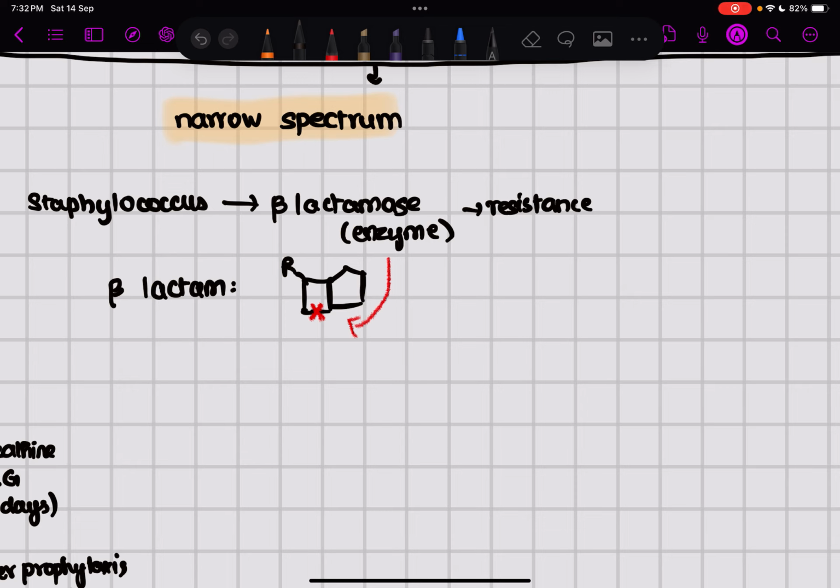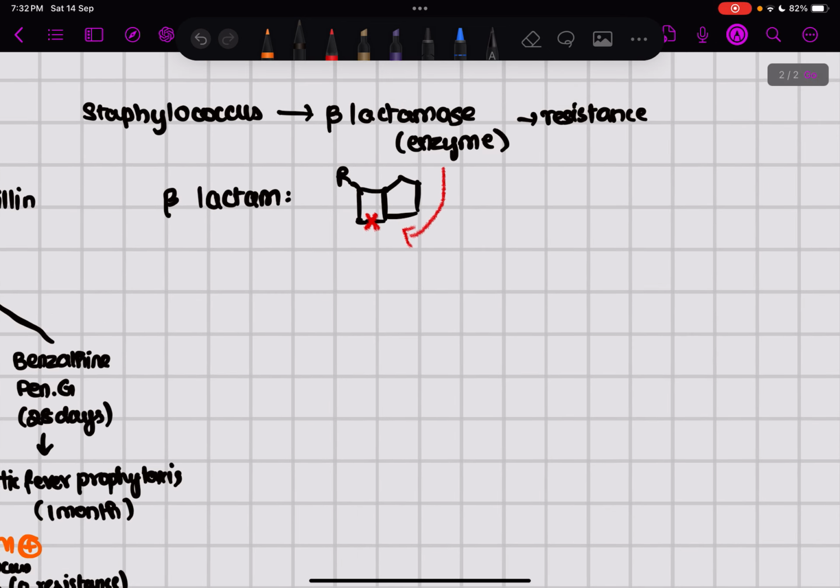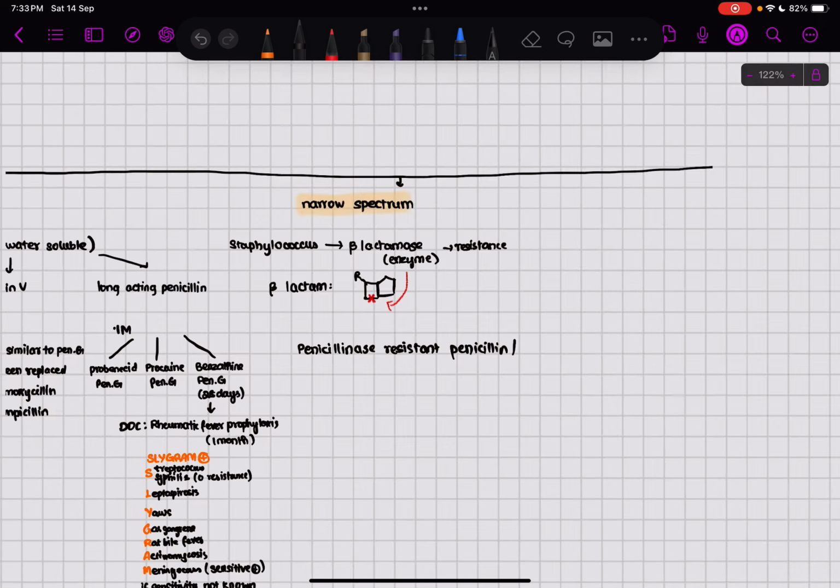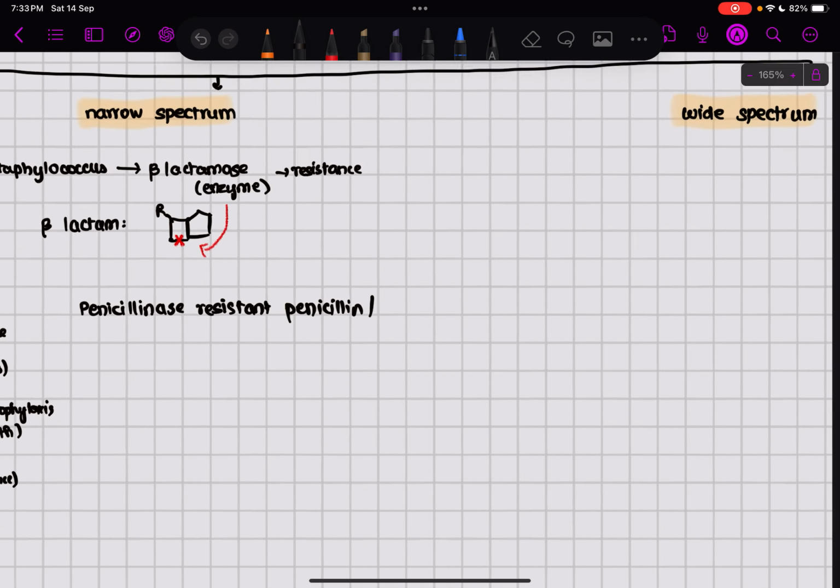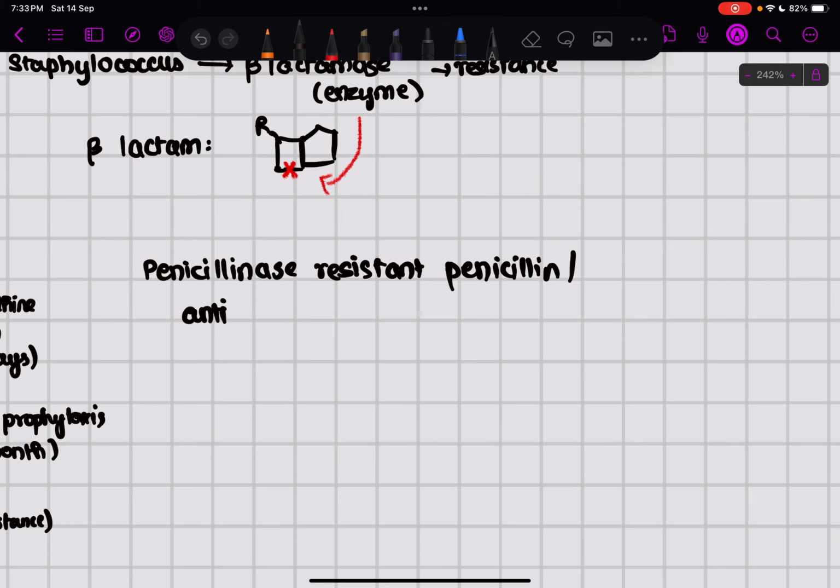So we prepare penicillinase resistant penicillin, or anti-staphylococcal penicillin.